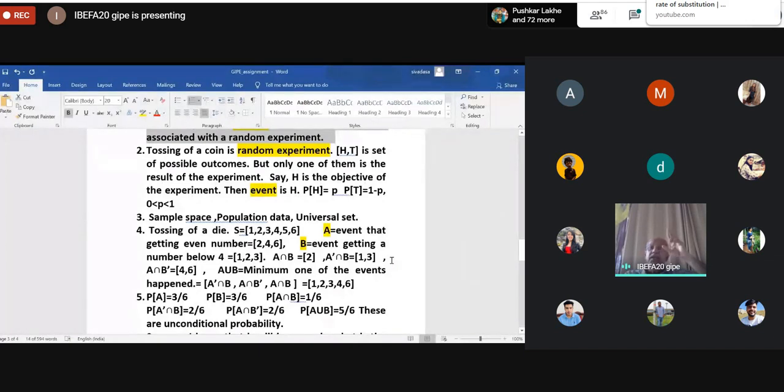Suppose we are considering two events, A and B. Then always you can have several combinations. But evaluation of probability will be either unconditional probability or conditional probability.